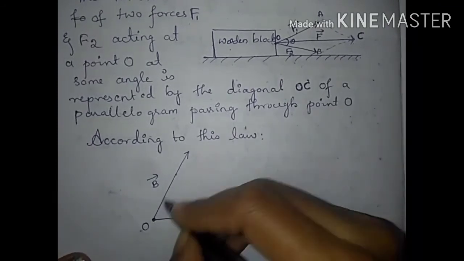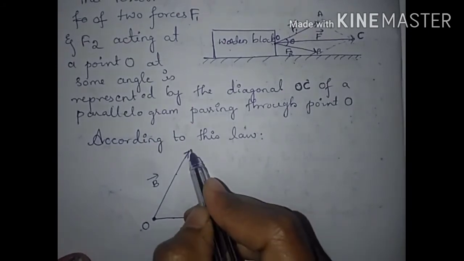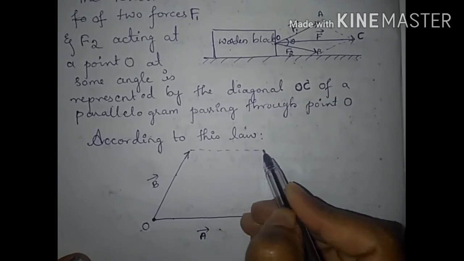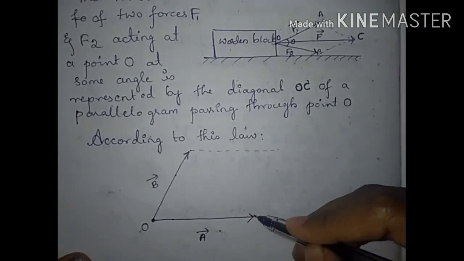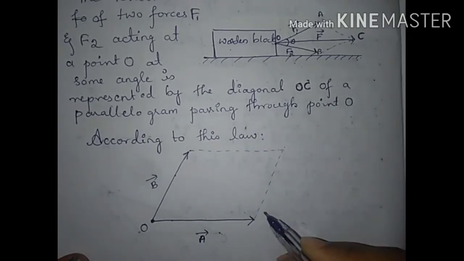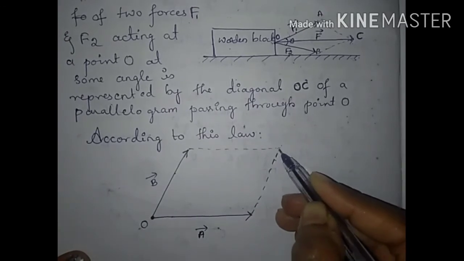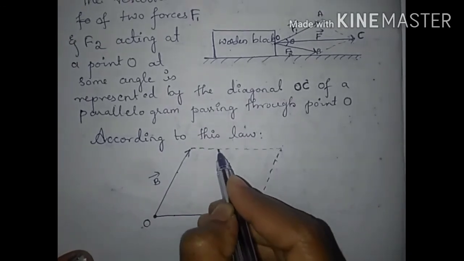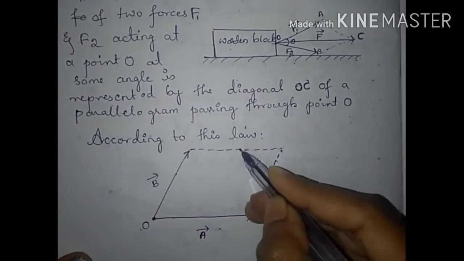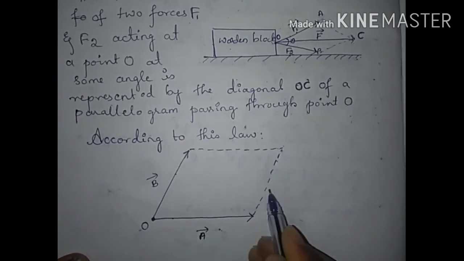Now, in order to get the resultant of these two vectors, you have to draw a line parallel to vector A and a line parallel to vector B. This line here is parallel to vector B, and this line here is parallel to vector A. So these two lines are parallel and these two lines are parallel.